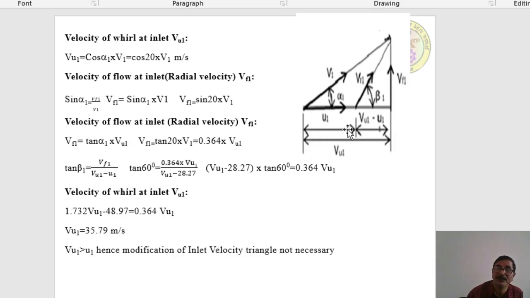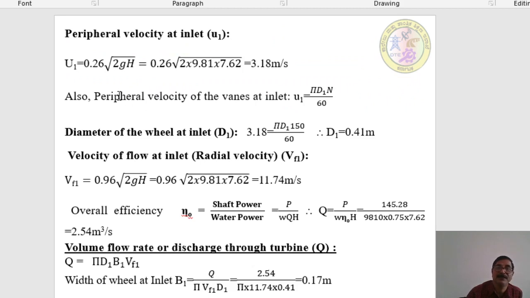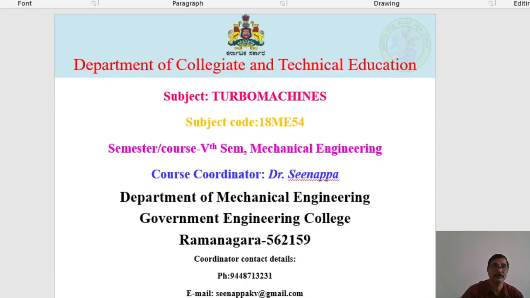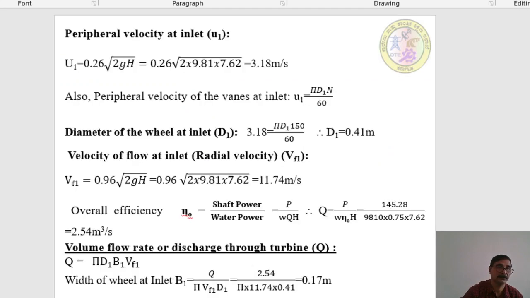VU1 is greater than U1. This is the kind of velocity triangle. Next, peripheral velocity U1 is equal to, we know this equation, substitute H value given, you will get U1.